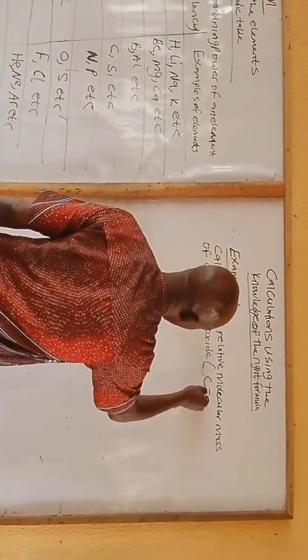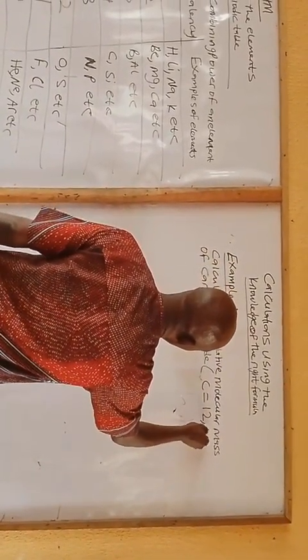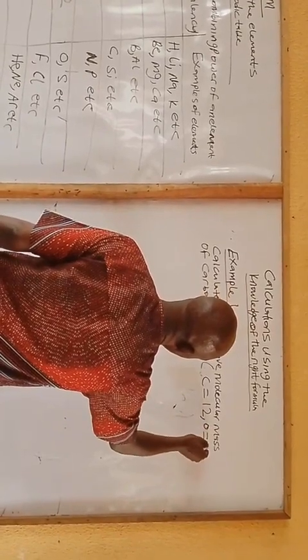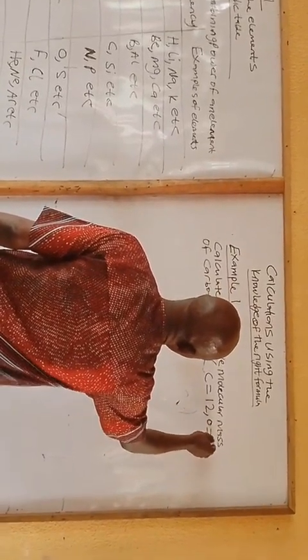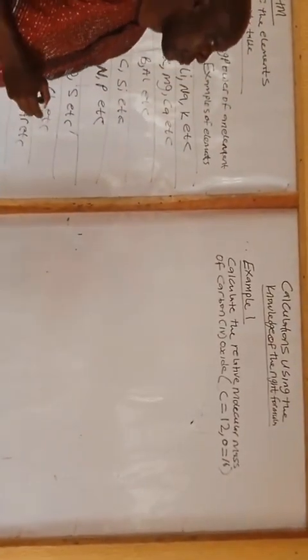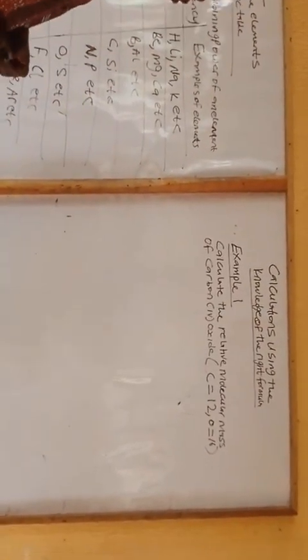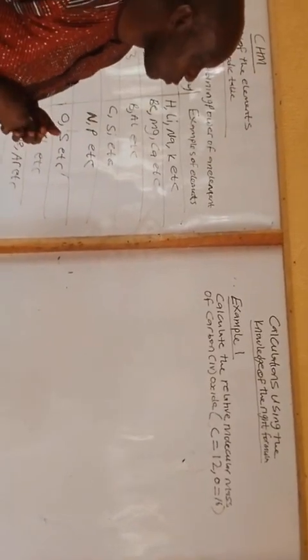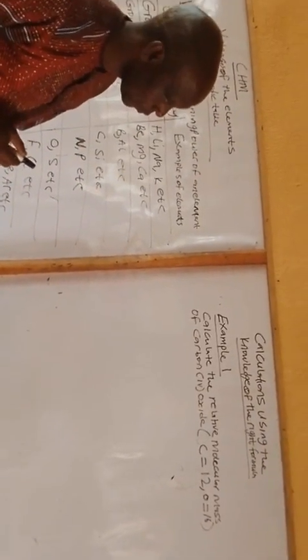So carbon is 12, oxygen is 16. Calculate the relative molecular mass of carbon 4 oxide. Carbon is 12, oxygen is 16.